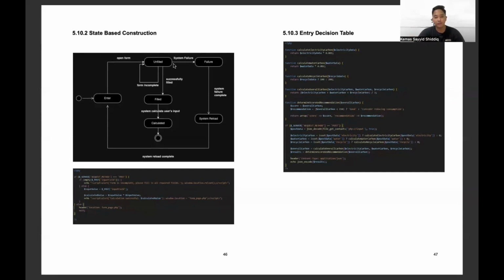If the form is successfully filled, they will be redirected to the user input, and the system will generate the result. So this is the code, and then the entry decision table.